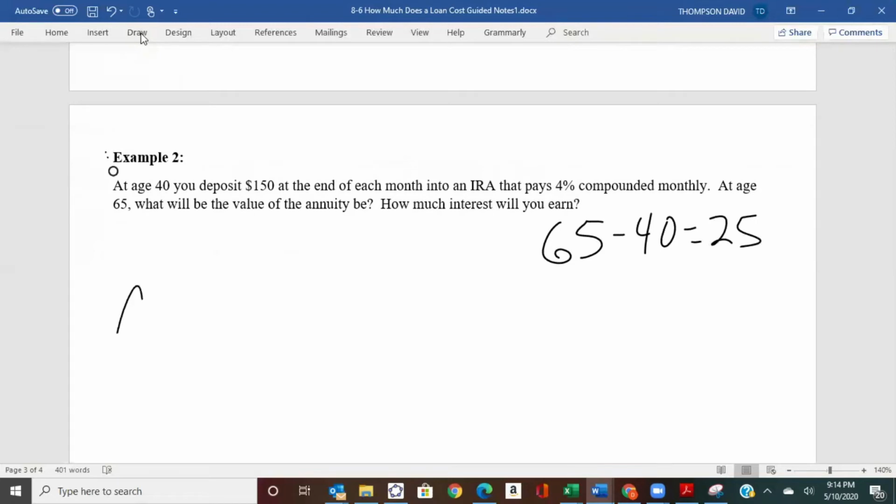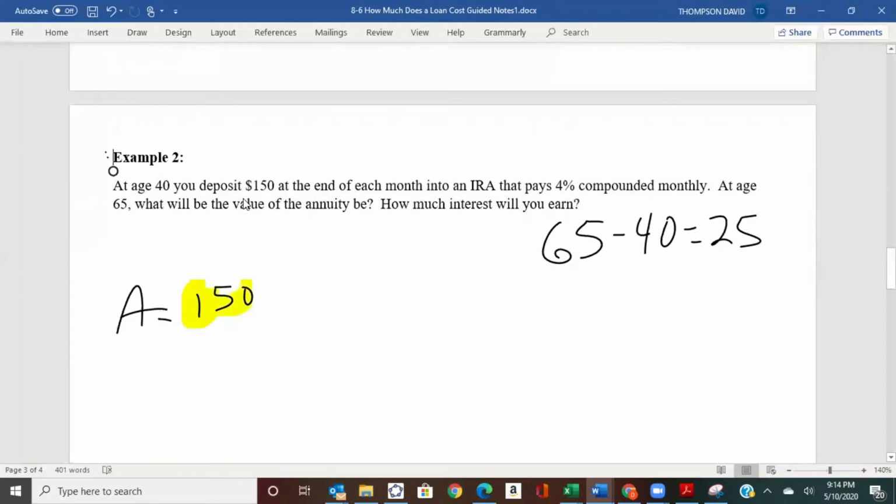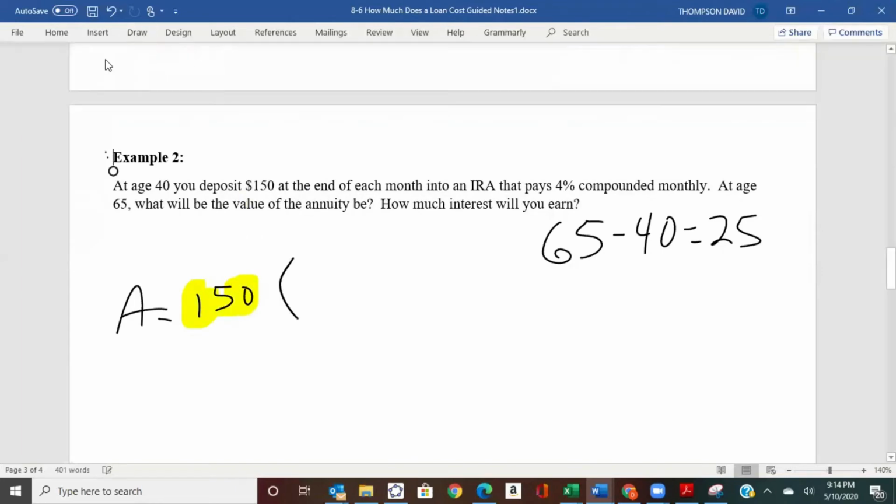So all I have to do is use our formula, plug everything in that we had last time. So it's 150, which again, I believe we highlighted in yellow. One plus r over n, which is just 0.04 divided by 12. That's remaining consistent. 12 times 25 this time.